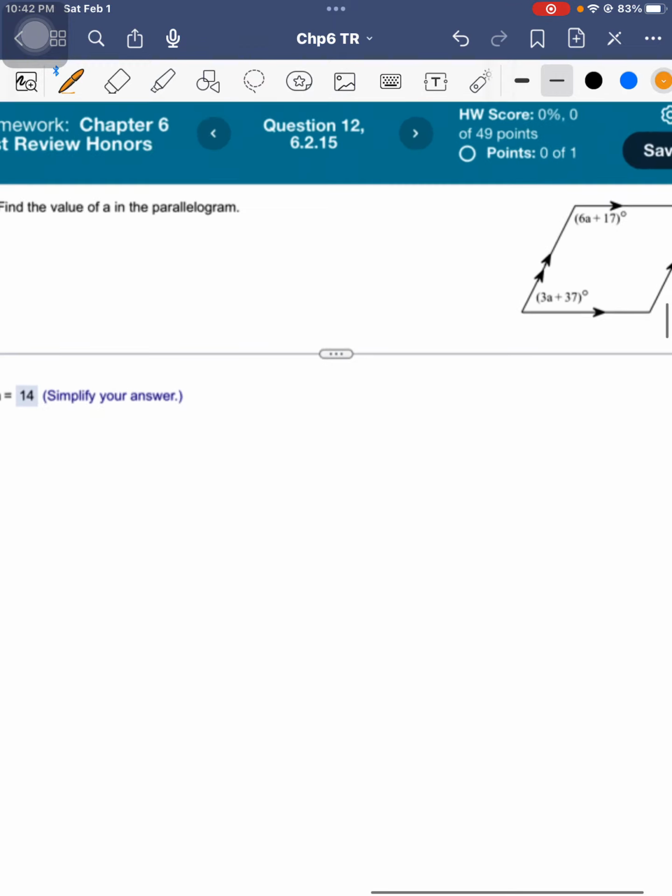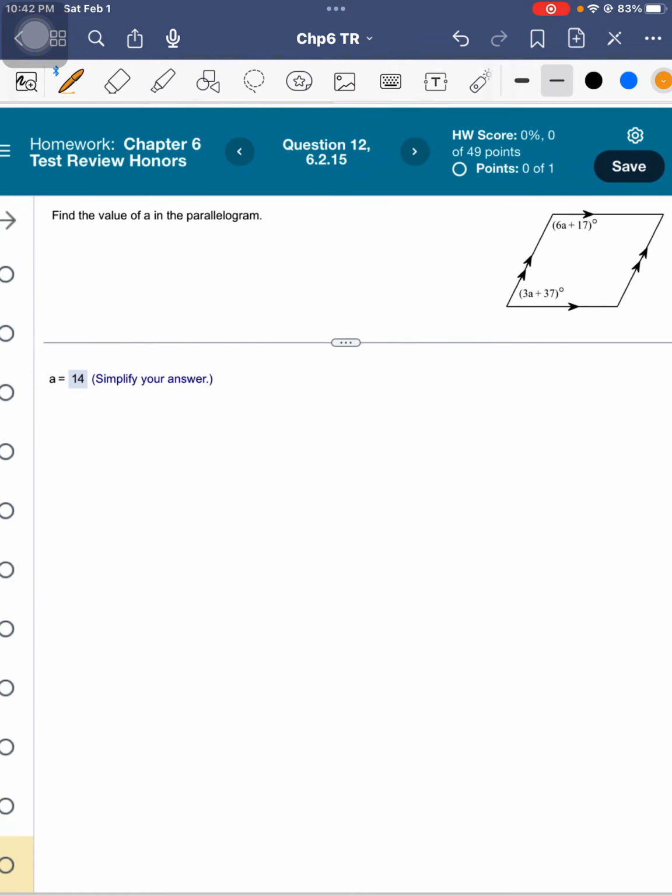Okay, so let's do this next one. A lot of people get confused with this one. Remember, guys, opposite angles in a parallelogram are congruent. Adjacent angles are supplementary. So 3a plus 37 plus 6a plus 17 is equal to 180. 3a plus 6a is 9a. 37 plus 17 is 54. 180 minus 54.